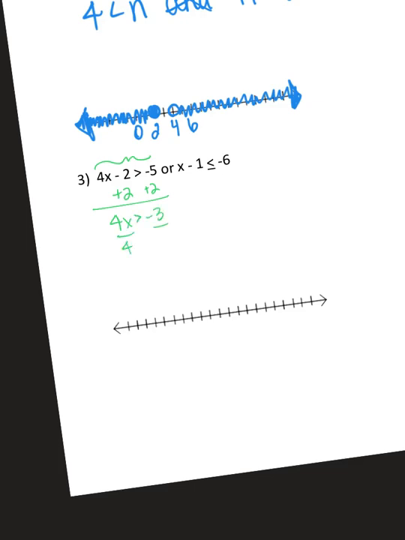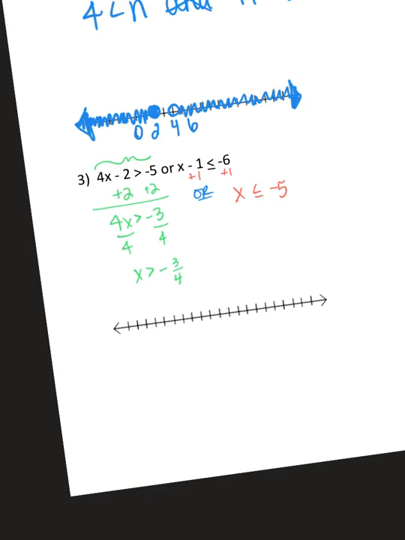We're going to divide both sides by 4, and x is going to be greater than or equal to -3/4 or -0.75. Okay, this is split by an or. So then our second inequality is x minus 1, so we'll add 1 to both sides, is less than or equal to 6, so x is less than or equal to -5.